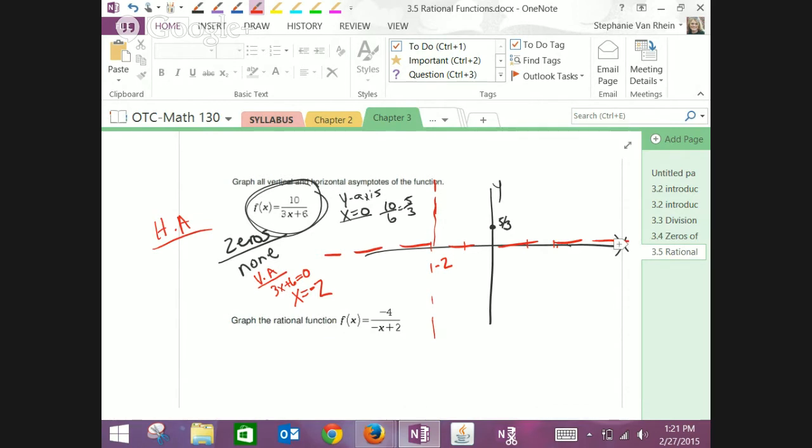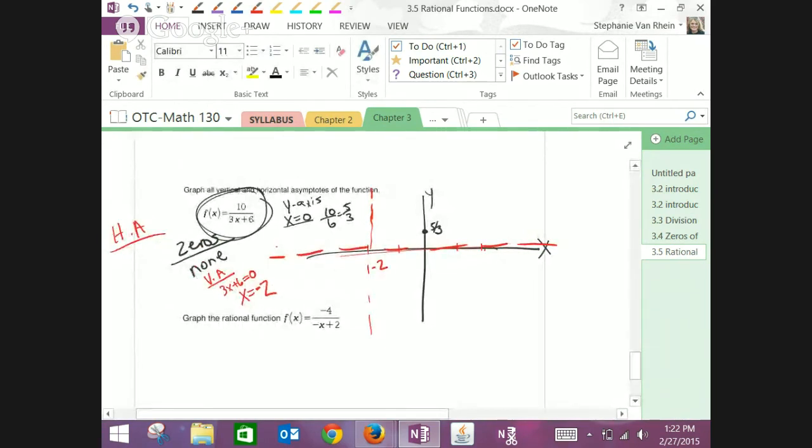You can think of a quick example, 1 over x. 1 over x goes to 0 on both sides. 1 over 1,000, 1 over a million is getting closer and closer to 0: 0.1, 0.001, 0.000001. So this function is going to tend to y equals 0 as x gets really large.